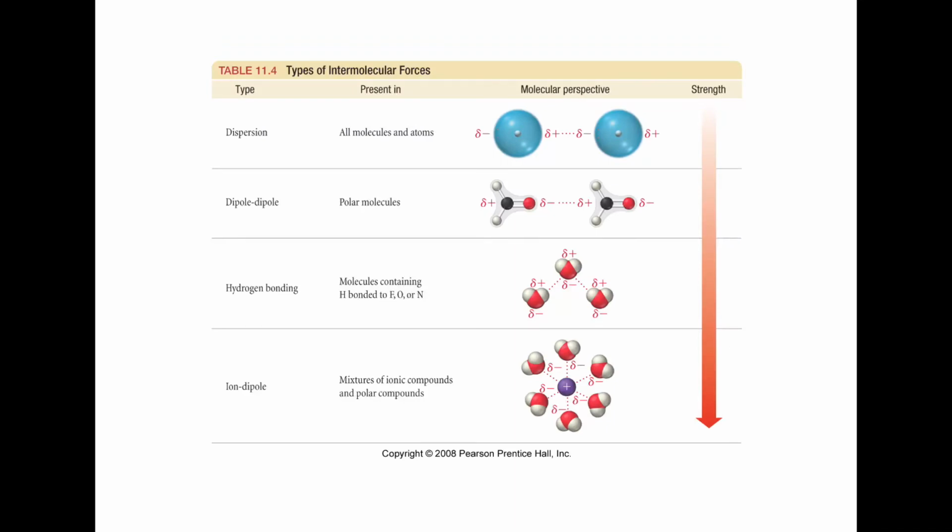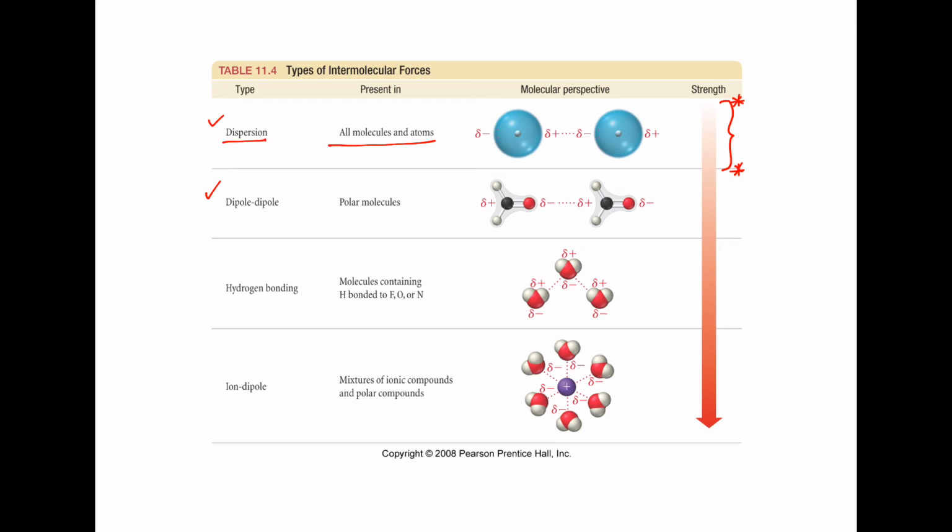Now we've talked about dipole-dipole, and we've talked about dispersion forces, and we've spent quite a bit of time talking about how even though all molecules and atoms can do dispersion forces or have dispersion forces, there's a relative range of strengths of dispersion forces. There can be quite weak ones, and there can be quite strong ones that approach a dipole-dipole force.